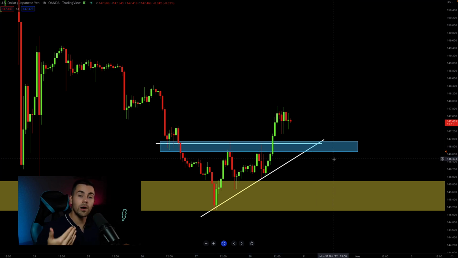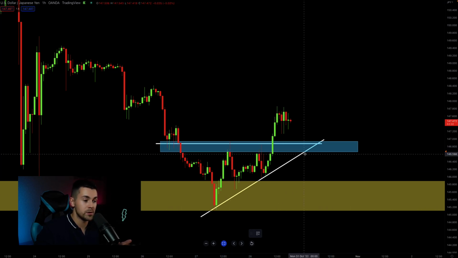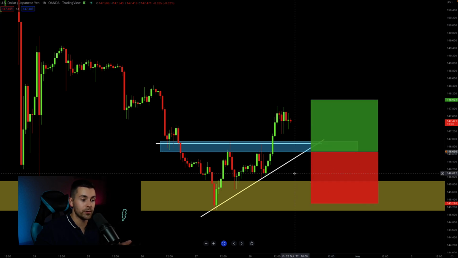And for us, it is very important to underline the neckline because based on the neckline, we will select our entry. According to my rules, the entry for trading the ascending triangle formation is the lower boundary of the neckline, the highest candle close within. So here will be our entry level.